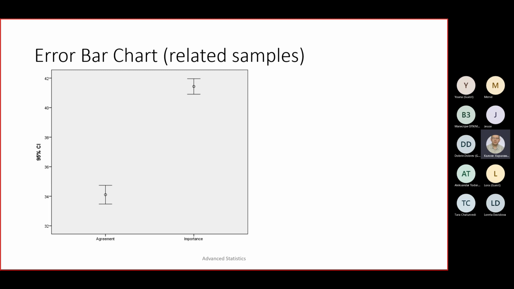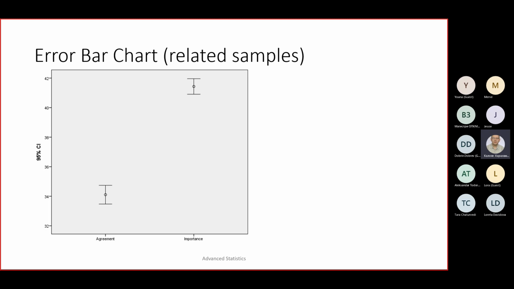And third, test about equality of means when the samples are related, repeated or paired. I said that I will show you 4 basic hypotheses. We already saw 3 of them.